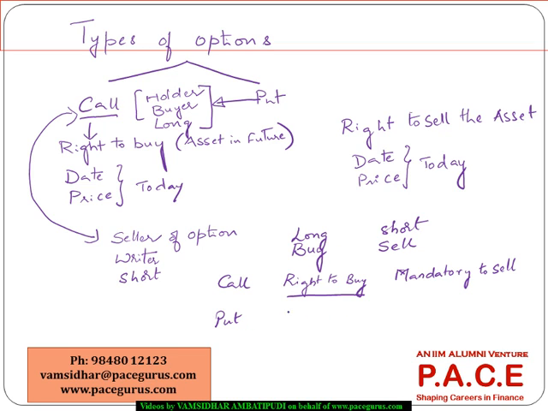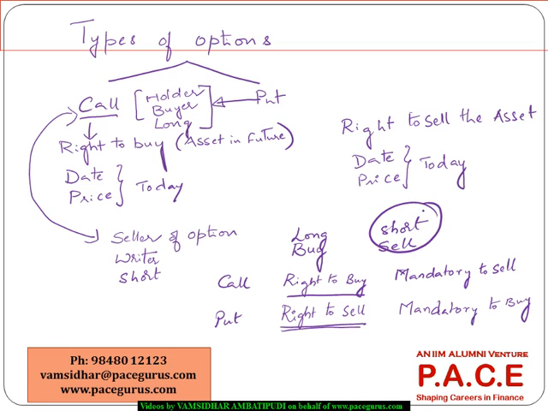Similarly, when I take up a long put position, we are talking of the right to sell the asset in future. And when this party decides to sell, for a short put position it is mandatory to buy that asset. So the short positions in the option have the obligation to act as per the decision of the long positions of the options, whether it is call or put.